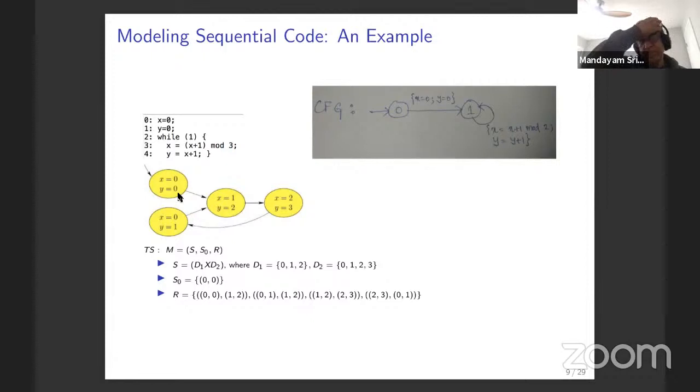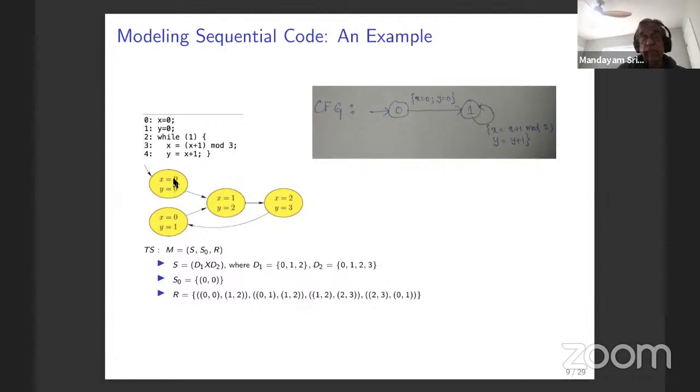Okay, and your transition here corresponds to the execution of the body. Okay, so the transition corresponds to the entire execution of the body of the program. So that's what this transition corresponds to.